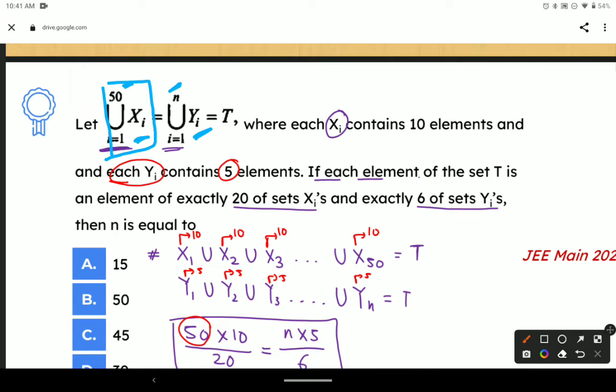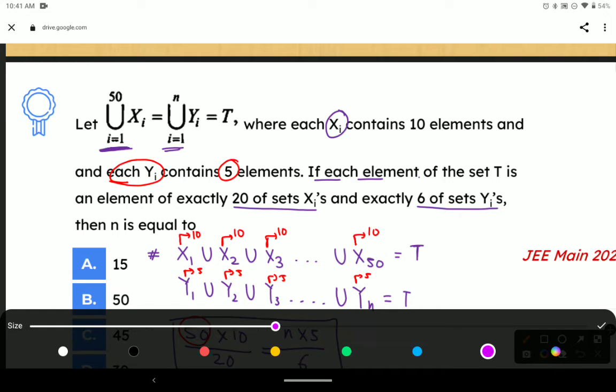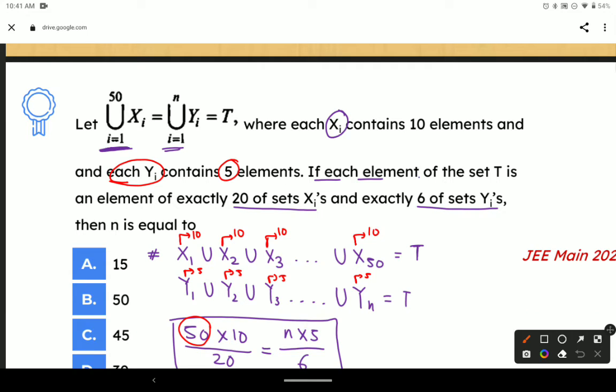The formula is number of sets, let's say n, into how many elements does that set contain? x number of elements upon exactly how much of sets, here 20. So the formula results in 50.